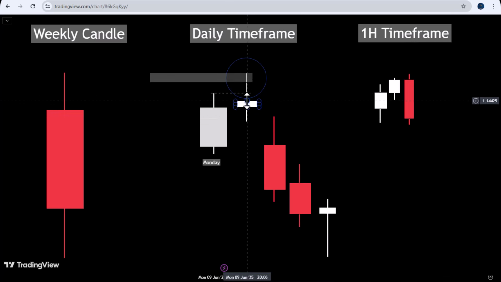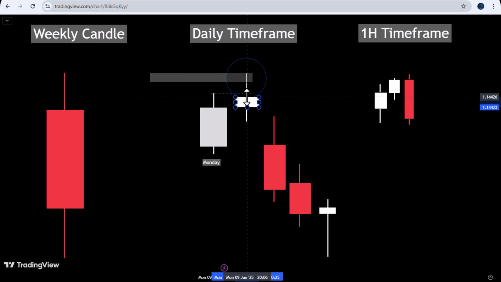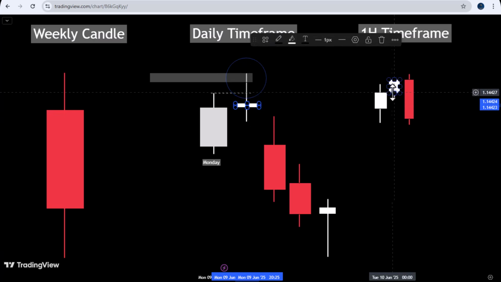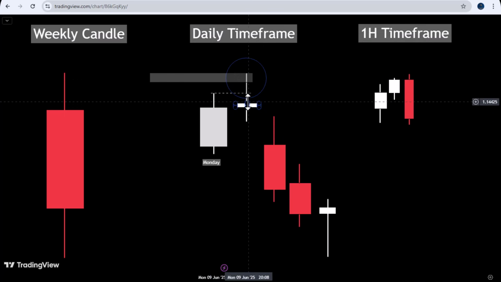So now, as this candle is bullish and is rejecting the top, it has hit the key level, then is rejecting, going down. You have to be on the 1 hour time frame and watch as this manipulation forms.